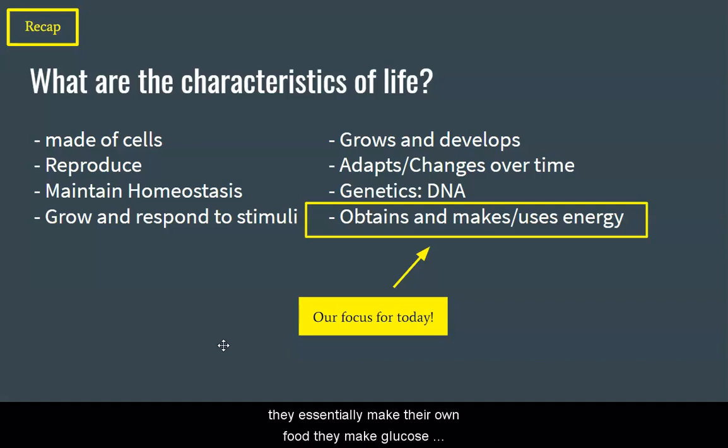They make glucose, which is a form of stored energy, along with starch. All of the biomolecules are really some kind of stored energy. Proteins, lipids, carbohydrates, those are stored energy. So today we're going to focus in on how we take that stored energy and use it.